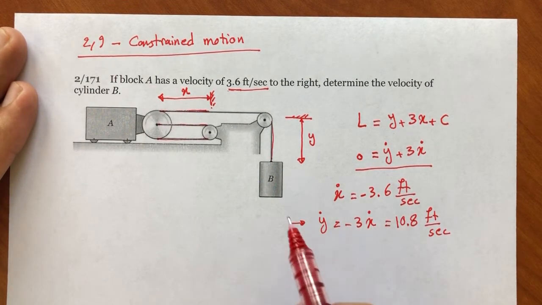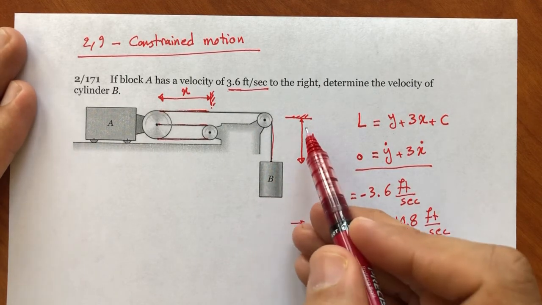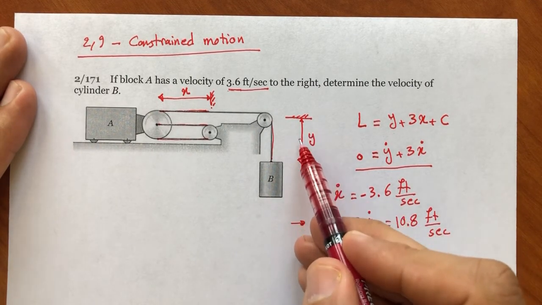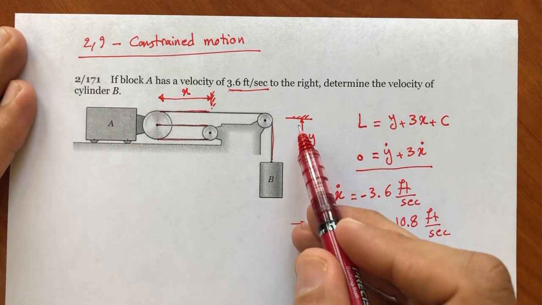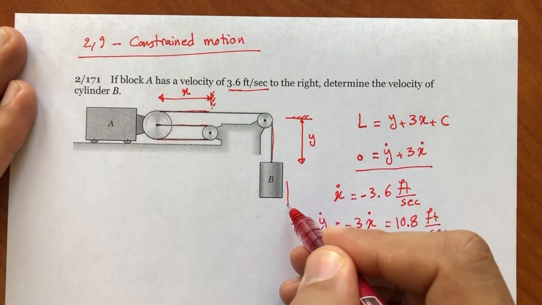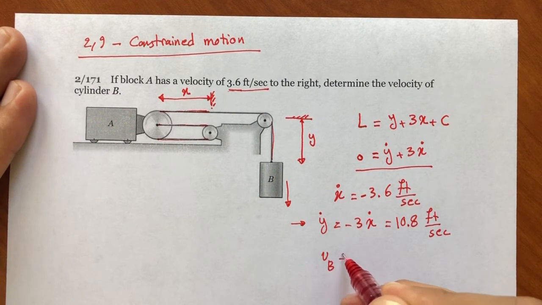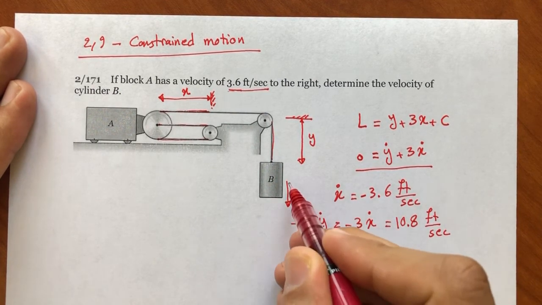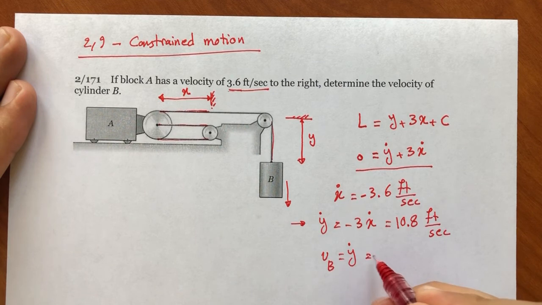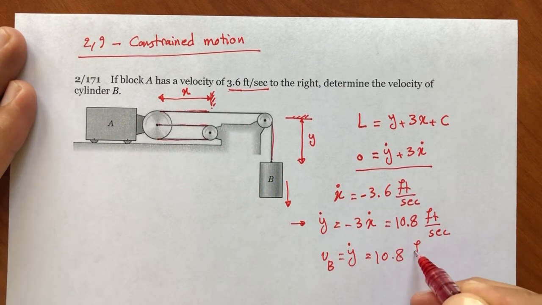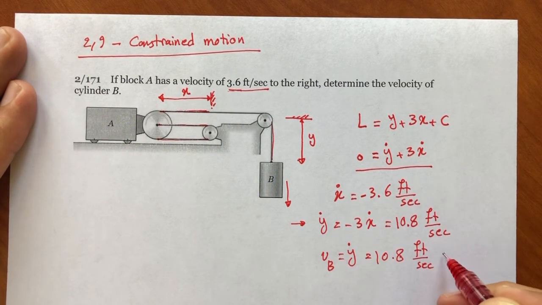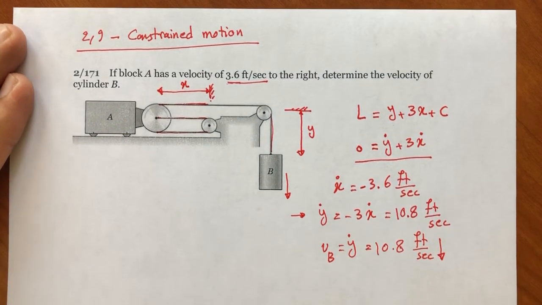Now, what's the meaning of y dot for the velocity of B? Y dot is positive, it means y is increasing, right? So if it increases, it means the velocity of B is going to be in this direction. The velocity of B is going to be equal to y dot downward. So it's going to be 10.8 foot per second, and the direction is downward.